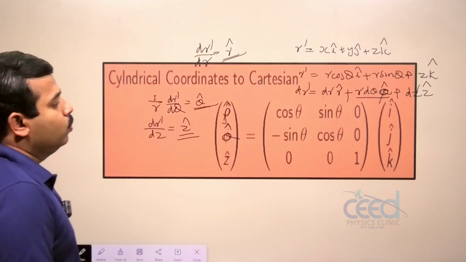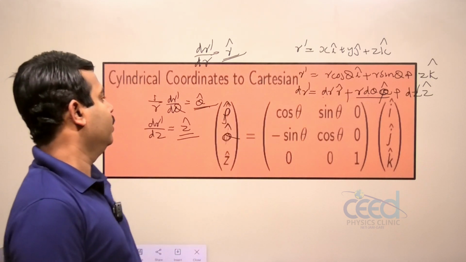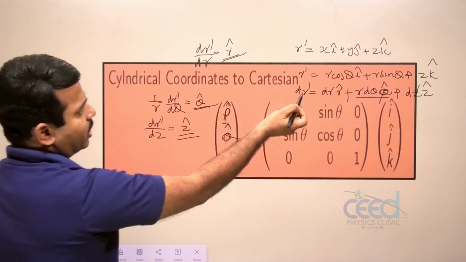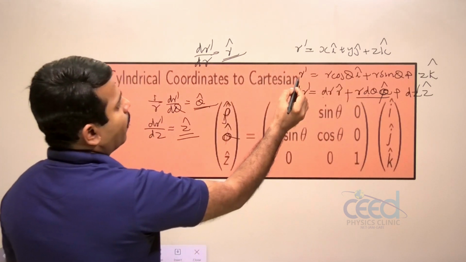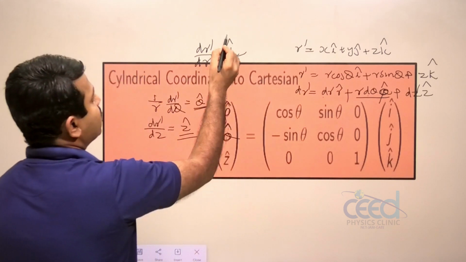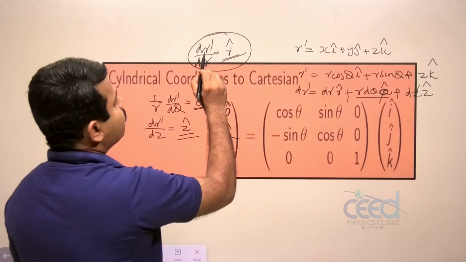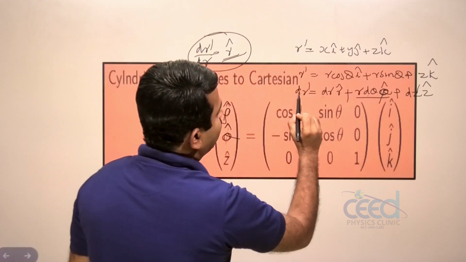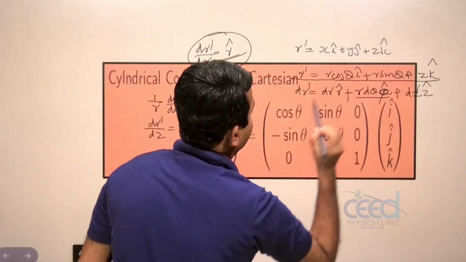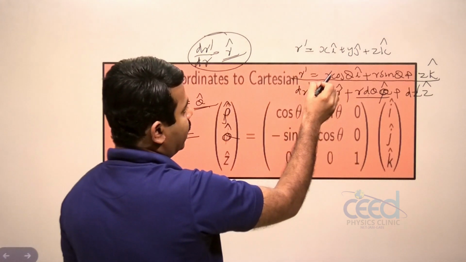Now let us come to how the matrix formation we do. By simply differentiating we can do, right? Look here, r cap is equal to dr' by dr. Dr' by dr I found from here. What is dr' by dr?